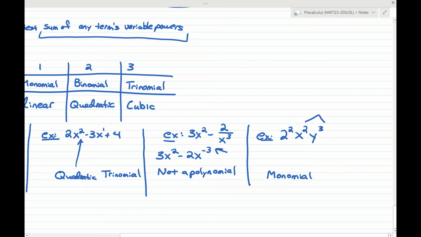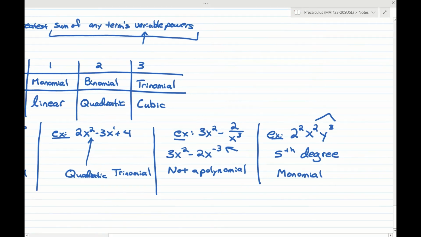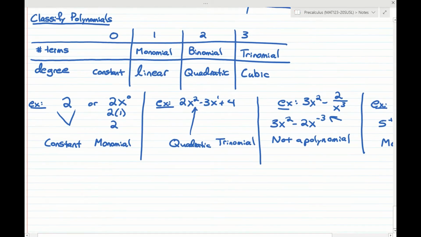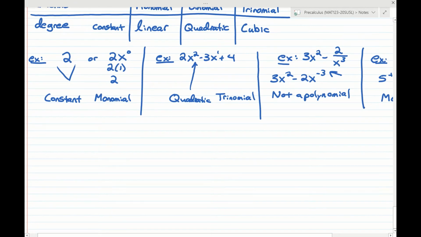The answer is 5 because we only use the variable powers. So really 2 plus 3 would be 5. This would be called a 5th degree monomial. So I hope that's clear on how to classify a polynomial based on degree and its number of terms.